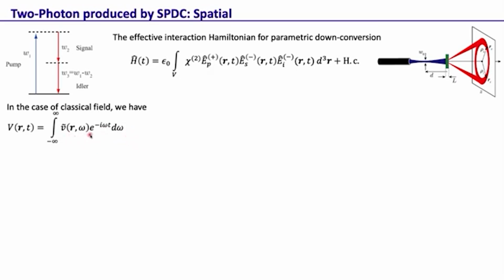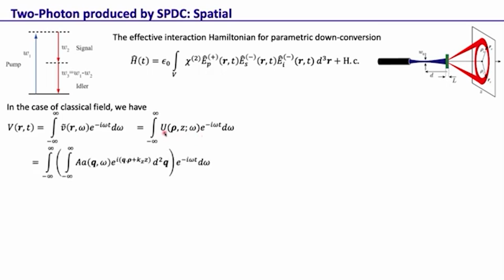Now these are the components at frequency omega, and we can also write this as u(rho, z), because we are writing r as (rho, z), with the aim of expanding this in a two-dimensional manner and not a three-dimensional manner. If we expand this in a two-dimensional manner, then u(rho, z) can be written in this form, which we had derived.